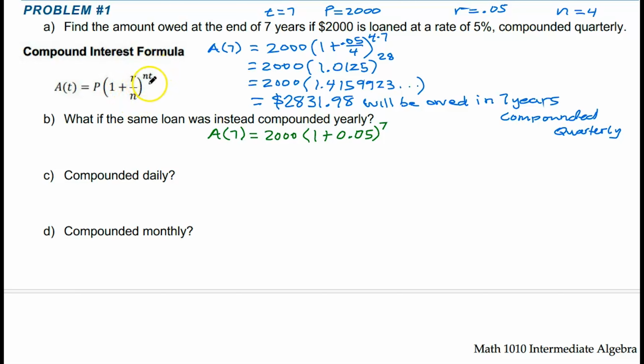And also, if we look at our exponent, we're going to have 1 times the time. Well, 1 times the time is just going to give us that time back. So this is what our equation is going to look like. So let's add our 1 to our 0.05, then raise it to the 7th power, and times it by 2,000.